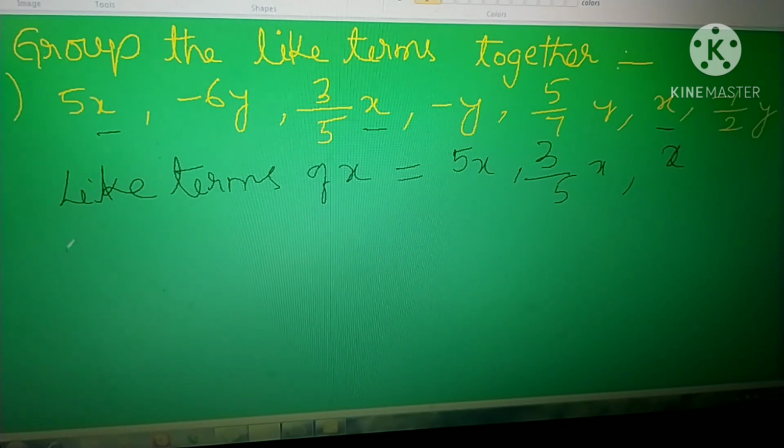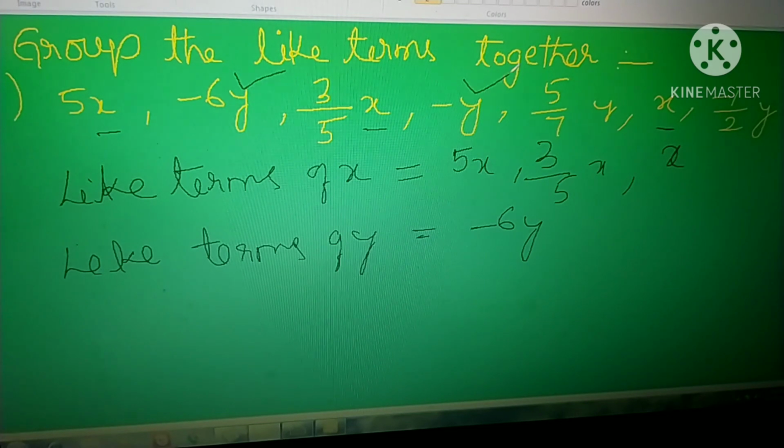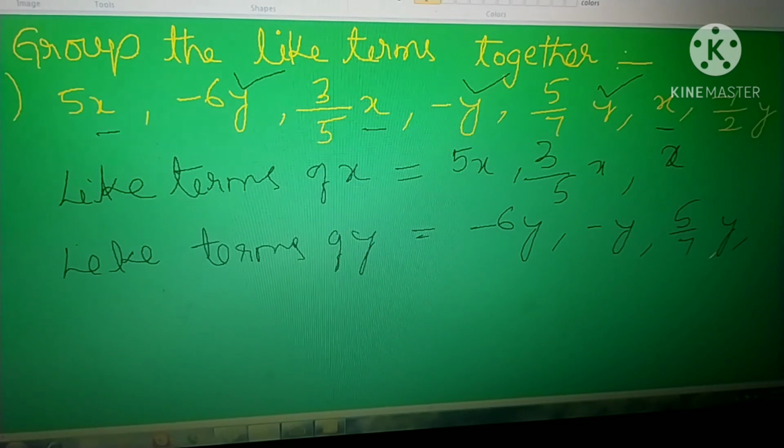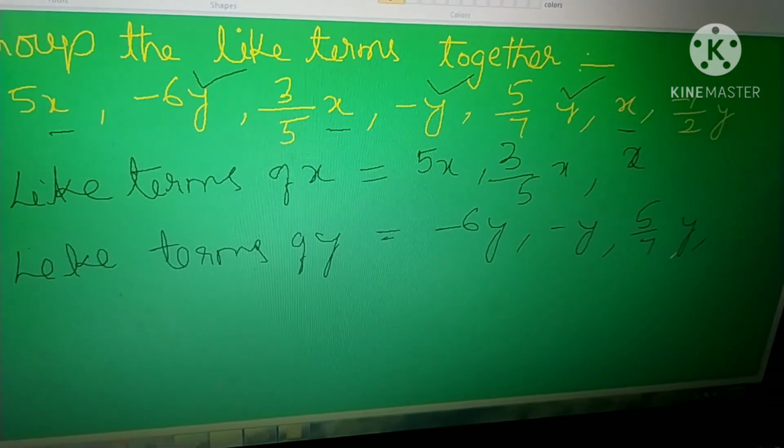Okay. Now write down the like terms of y. Like terms of y is equal to minus 6y. So here this is one like term of y. Here also we have 1y. Here also 1y. So minus 6y comma minus y comma 5 by 7y comma. Here in the last, observe that one, minus 1 by 2y.